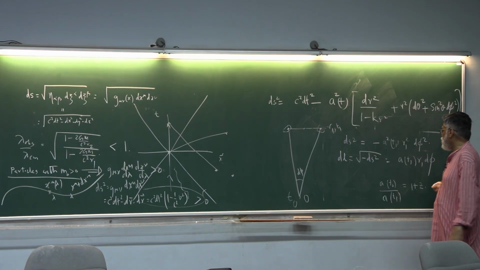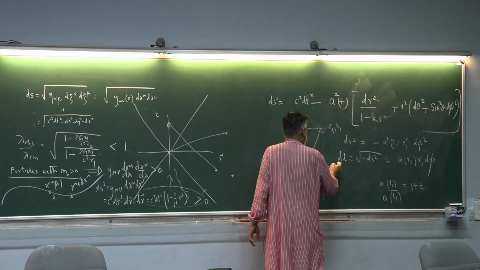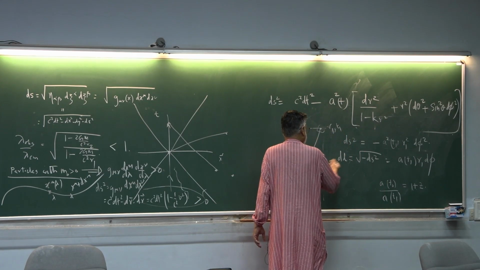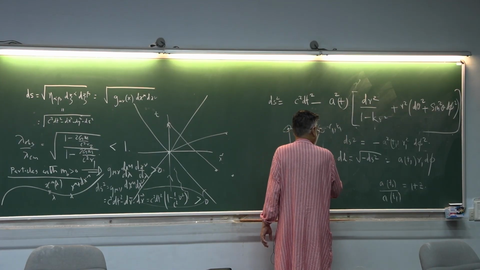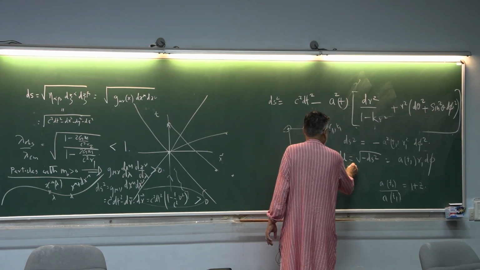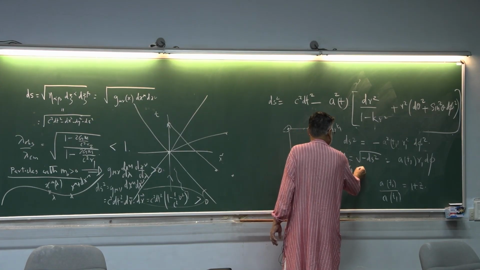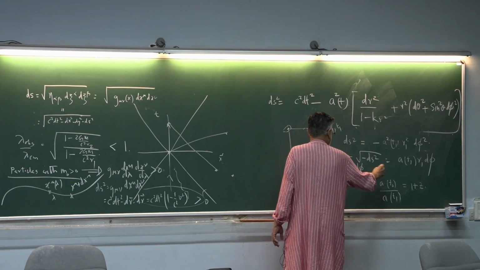So this can also be written as the real physical length, which is sometimes referred to as angular diameter. Physical length L is nothing but a(t0) into the radial coordinate of the galaxy into d phi divided by 1 plus z.